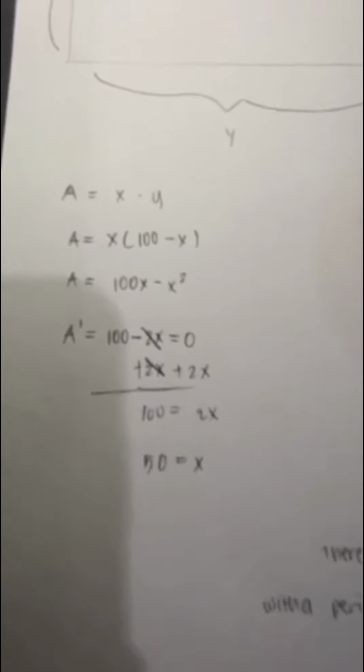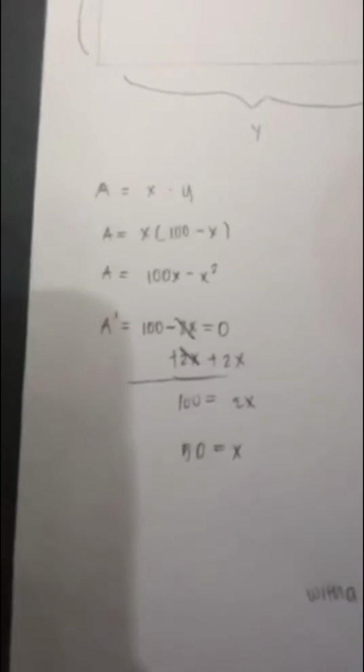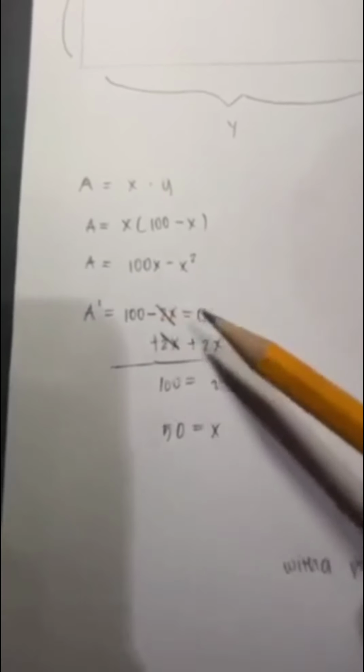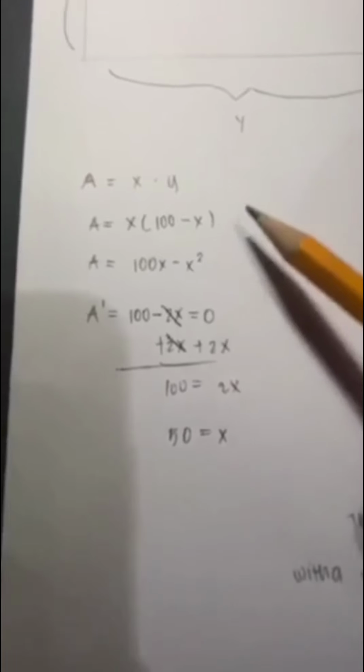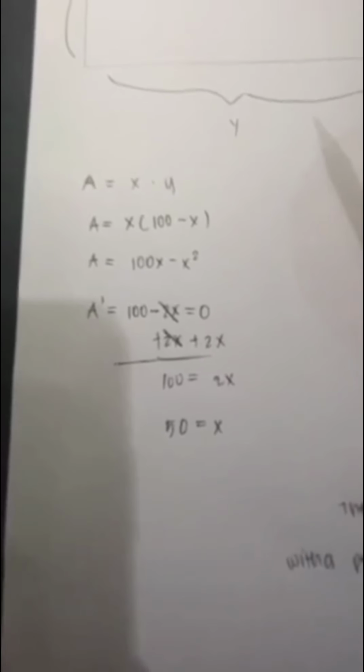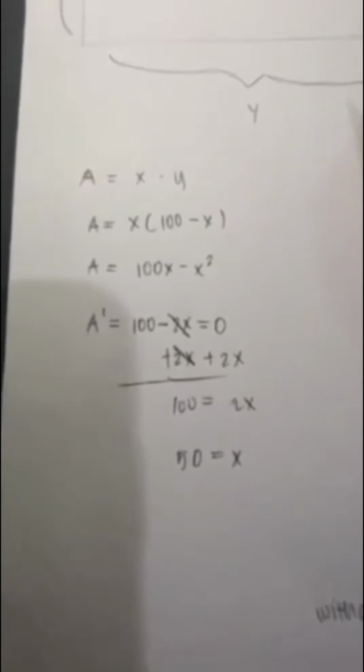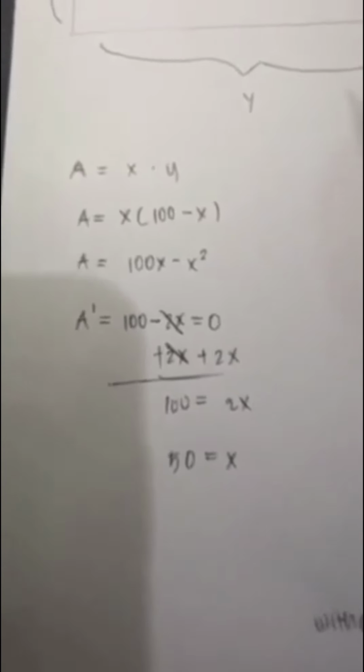Right after, as you can see, I wrote down the derivative of the area. It shows there 100 minus 2x equals 0, because the derivative of 100x is simply 100, and the derivative of x squared is 2x.